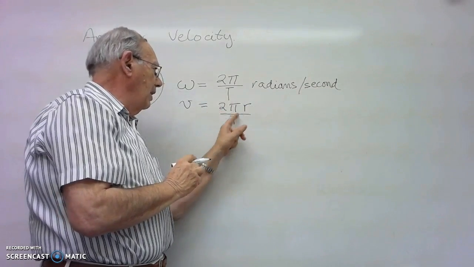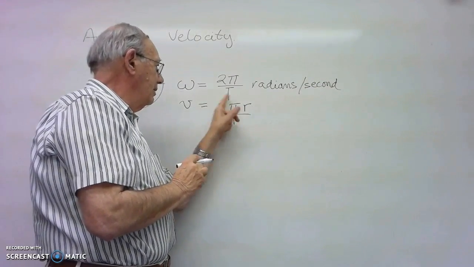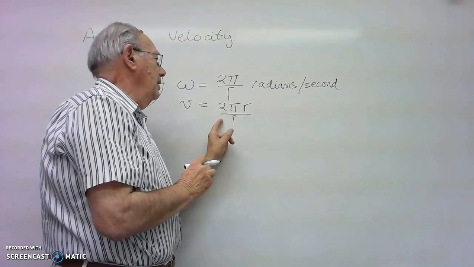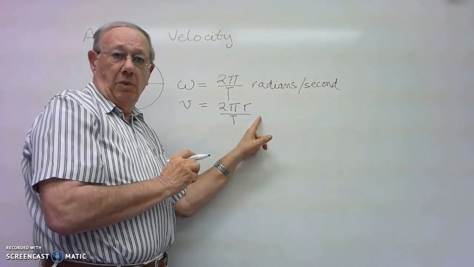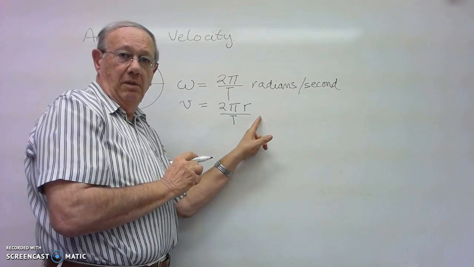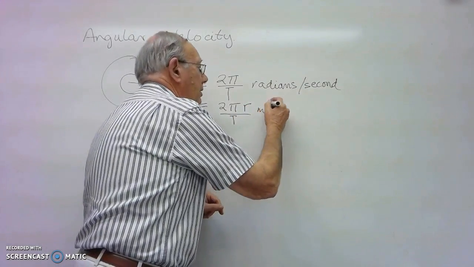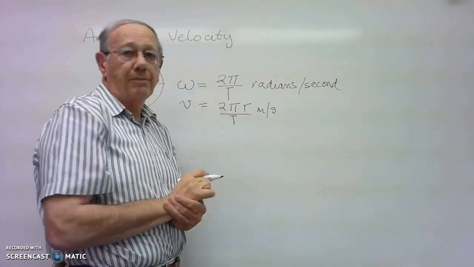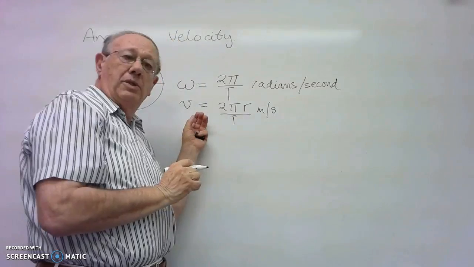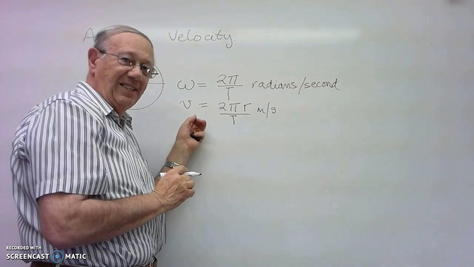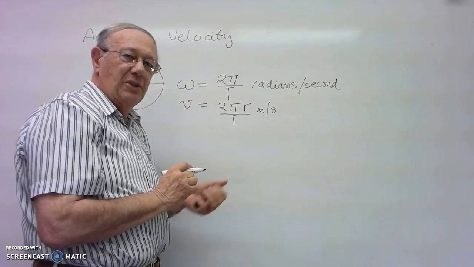We're saying this many radii per second. What unit would we have here? Assuming it's meters, we have meters per second. So this is a measure of the instantaneous speed, instantaneous velocity, or the speed.